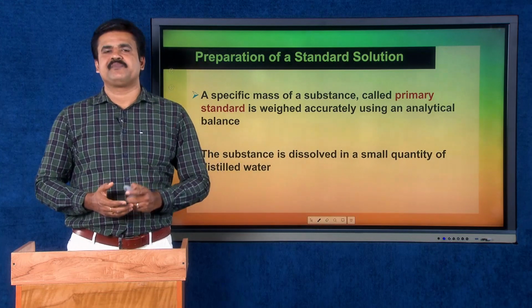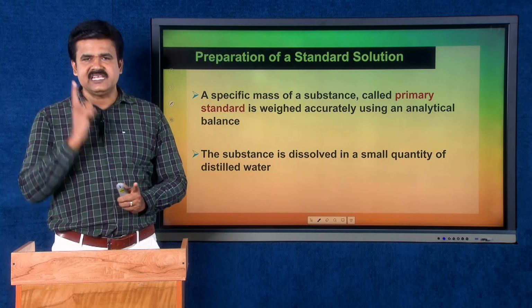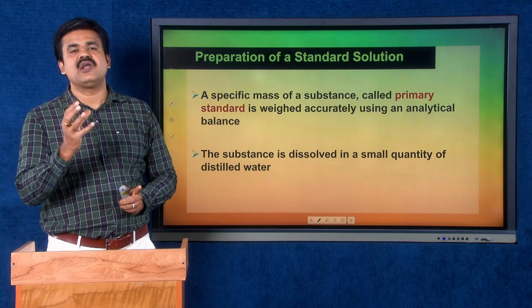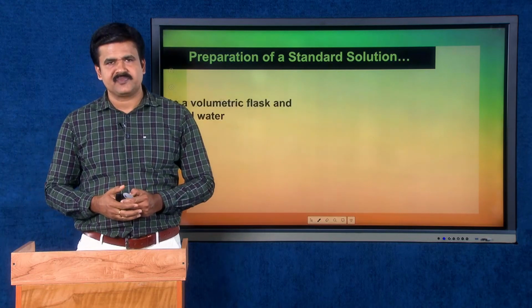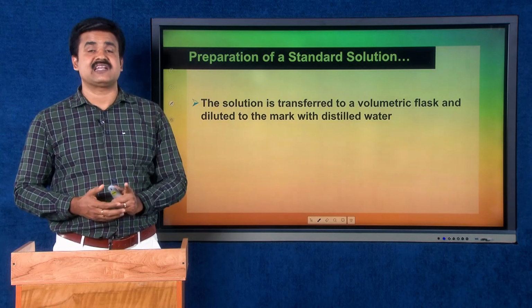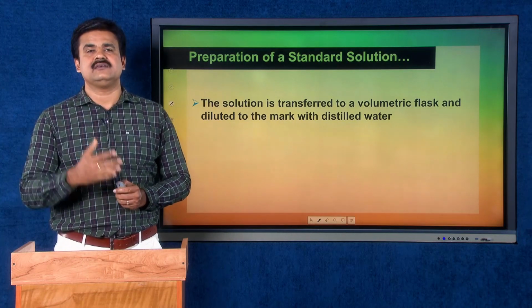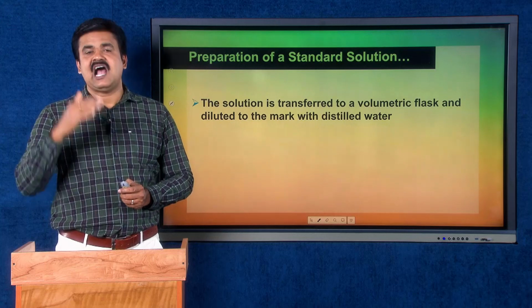The accurately weighed primary standard is dissolved in a small quantity of distilled water. Now, the solution is transferred into a volumetric flask, a standard flask, and diluted with water up to the mark.